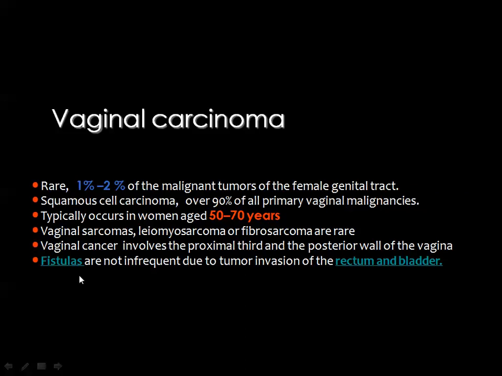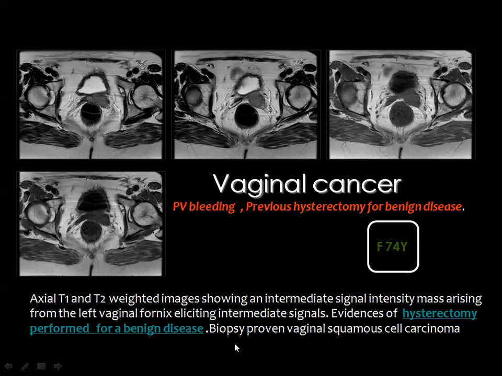Then these lesions, the carcinomas, usually have invasion of the surrounding structures, especially the rectum and the bladder, producing fistula tracts. And this is a case of vaginal carcinoma developed after previous hysterectomy for a benign disease.